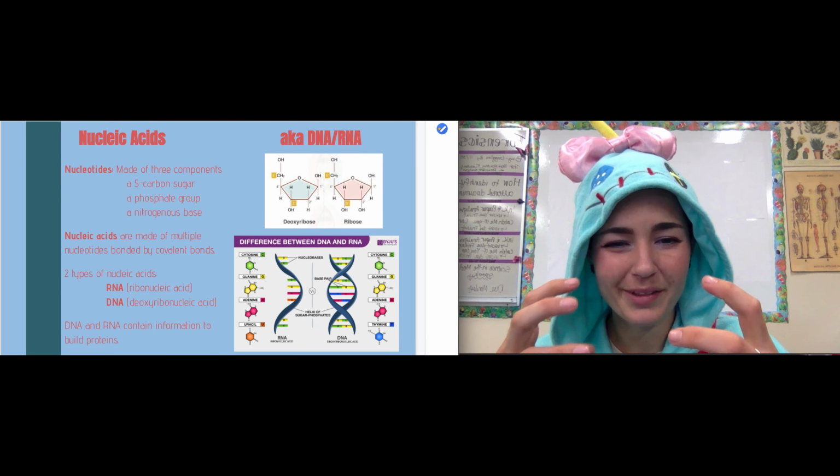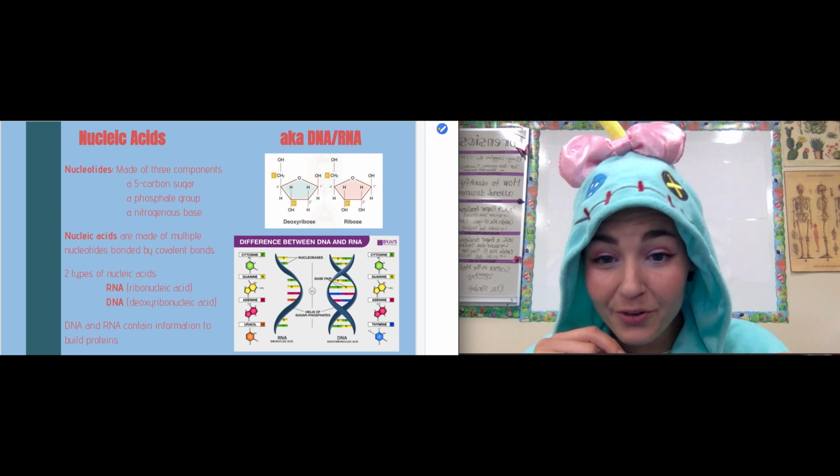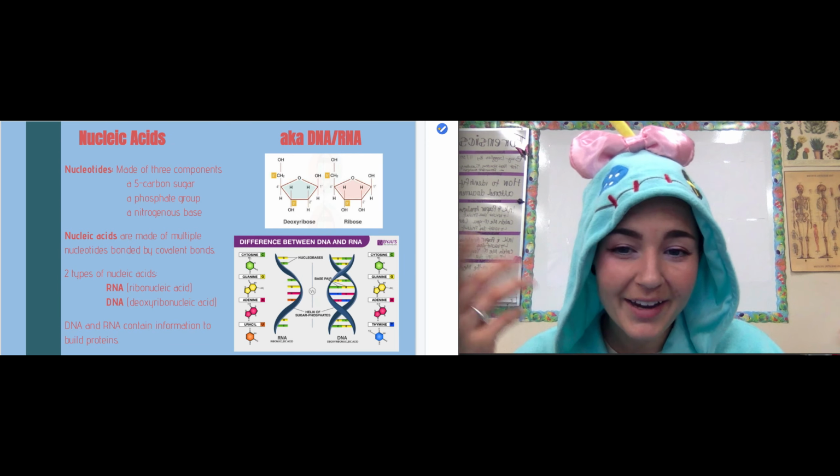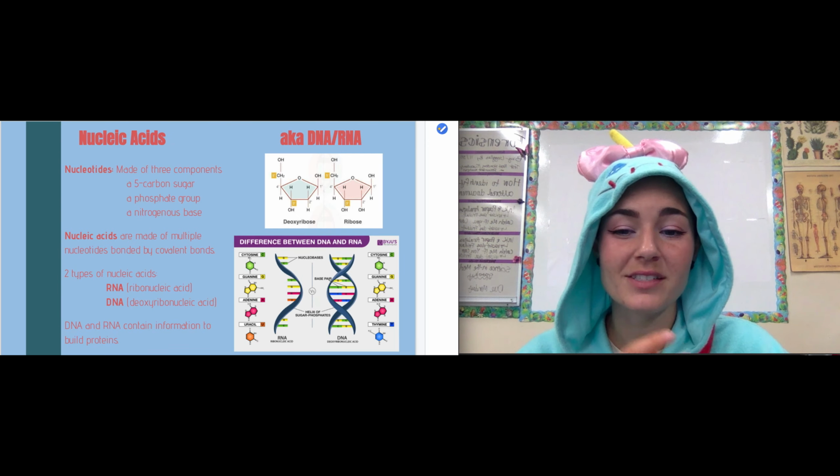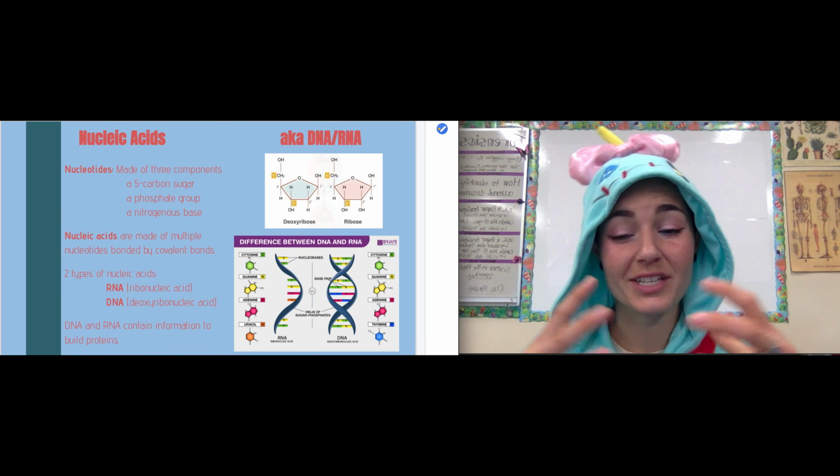We learned about proteins that are made out of 21 different types of amino acids, and each amino acid has its own special R group or R identifier, and those essentially help build and do a lot of the things in our body that need to get done.